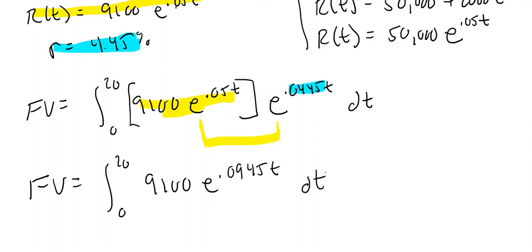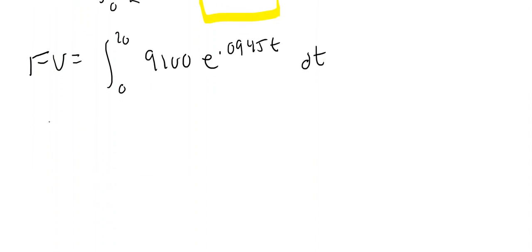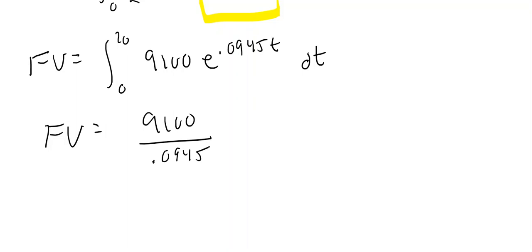And there is the integral that you want to integrate. So your future value will be 9,100 divided by 0.0945. And we get that as a result of doing u-substitution on the power of e.